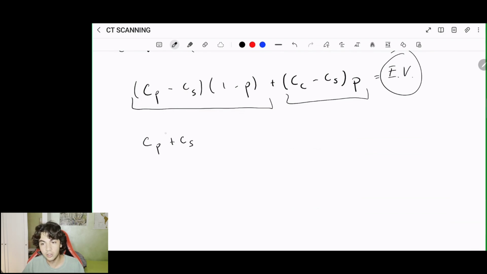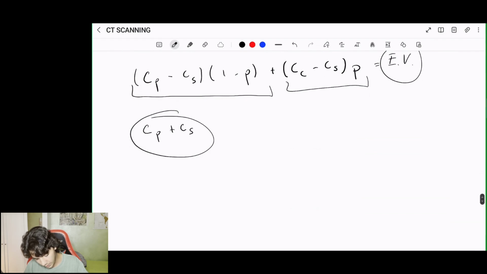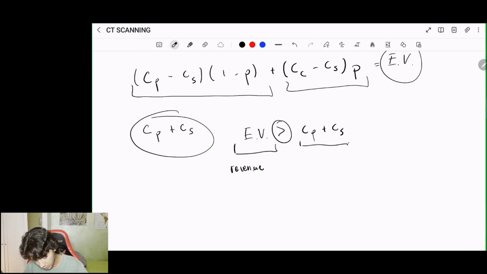That is your expenses. So when EV is greater than your cost, this is your revenue, and this is your cost. The difference is the profit.